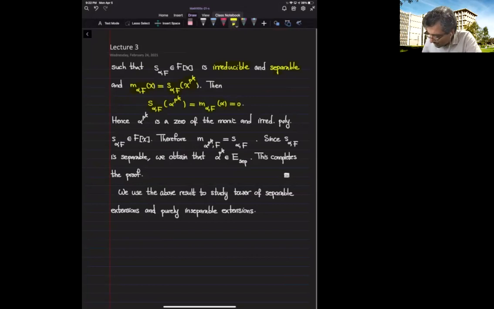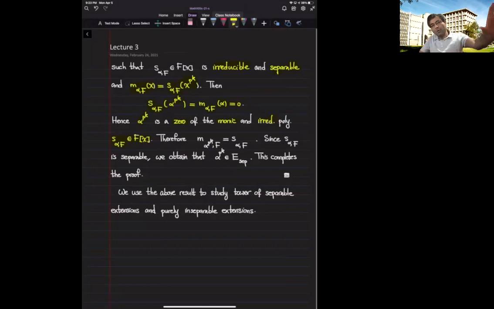So this means alpha raised to the power p to the k is a zero of this monic irreducible polynomial in F[x]. It is monic because M sub alpha is monic.